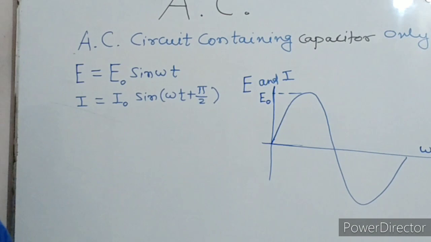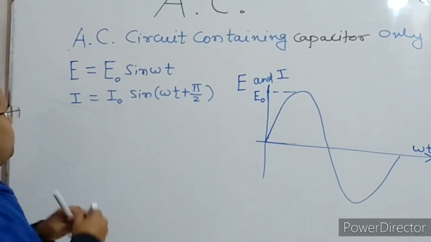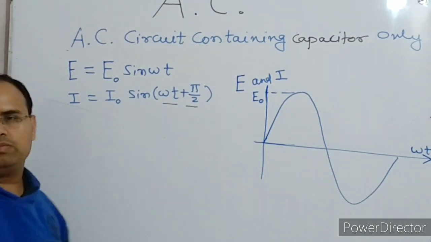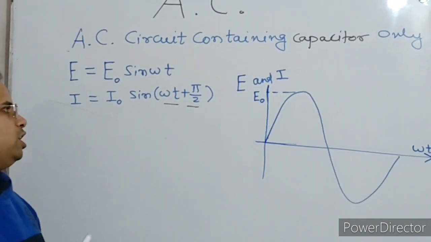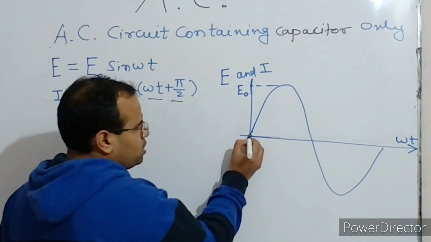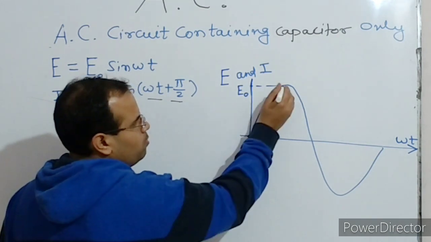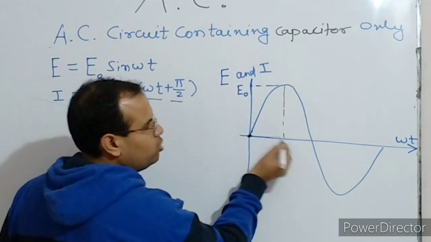Okay, then the current, so it is given that current is sine of omega t plus pi by 2. It means it is leading the EMF by angle pi by 2. What does it mean? That the values which EMF gets here, the current gets at an earlier point; the current is getting values which EMF will get after pi by 2 angle.